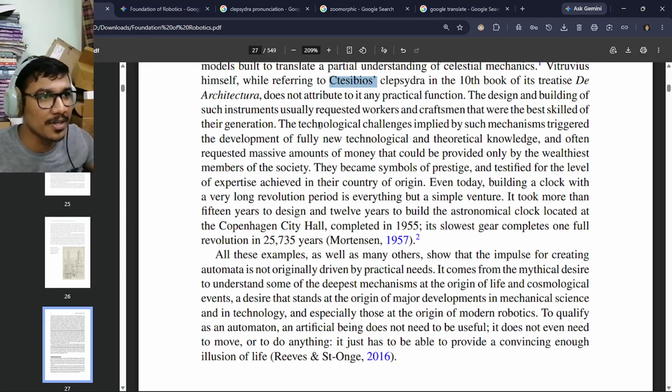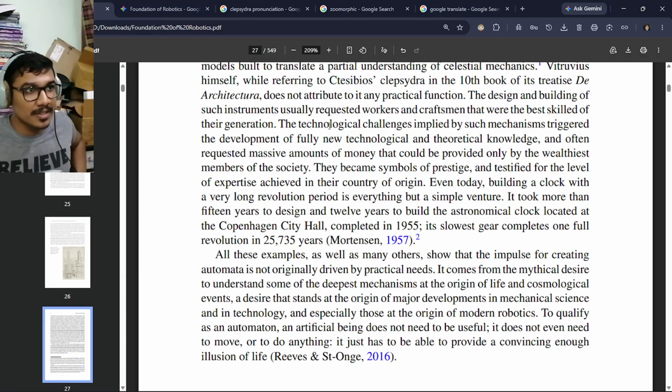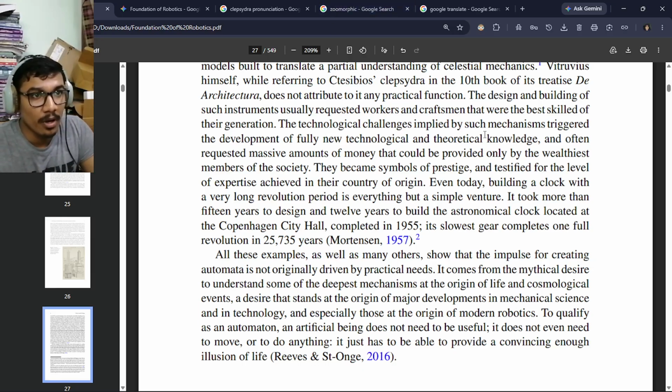What is that word? In the 10th book of its... Oh my god, I'm just getting so much of this.